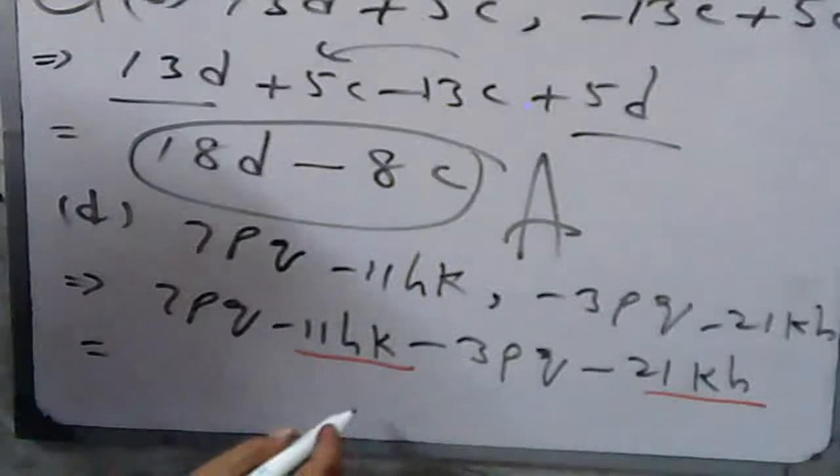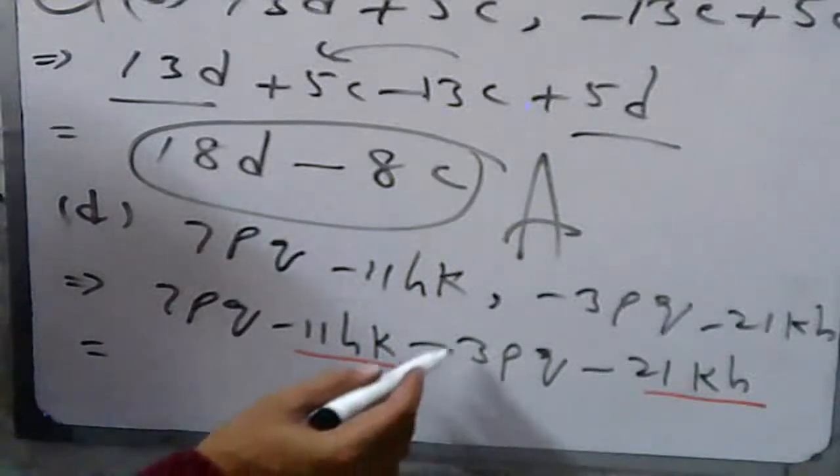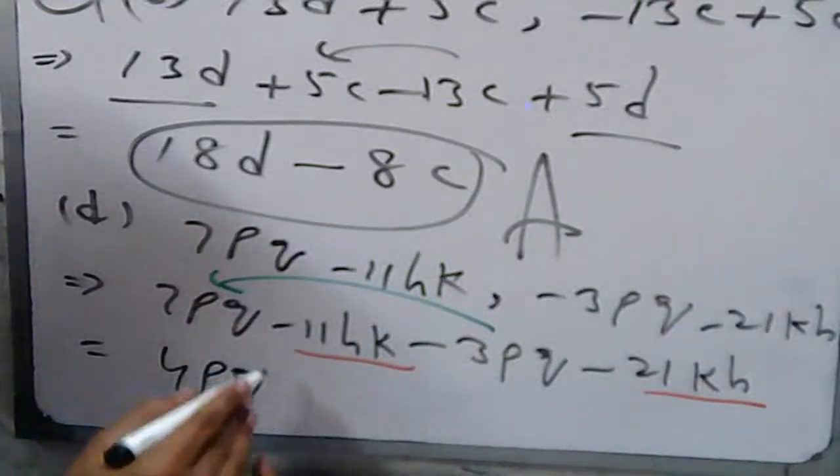So the homogeneous term, that is HK, in HK you will get 21 and 11, you can write as 32, and similarly PQ and PQ, you can write as 4PQ and minus 32HK. So that is your required result.